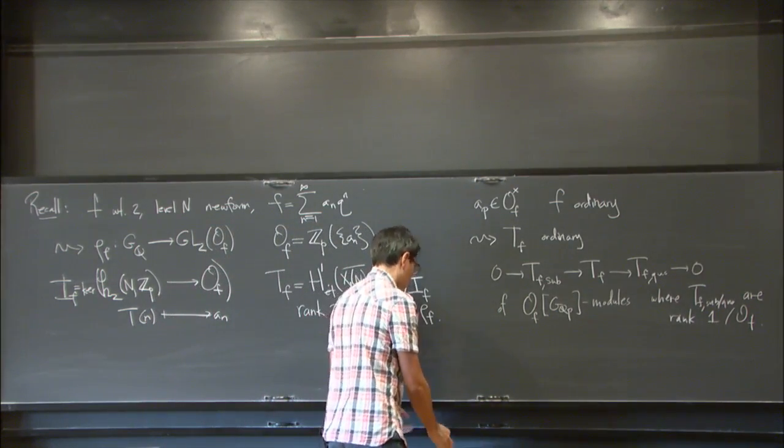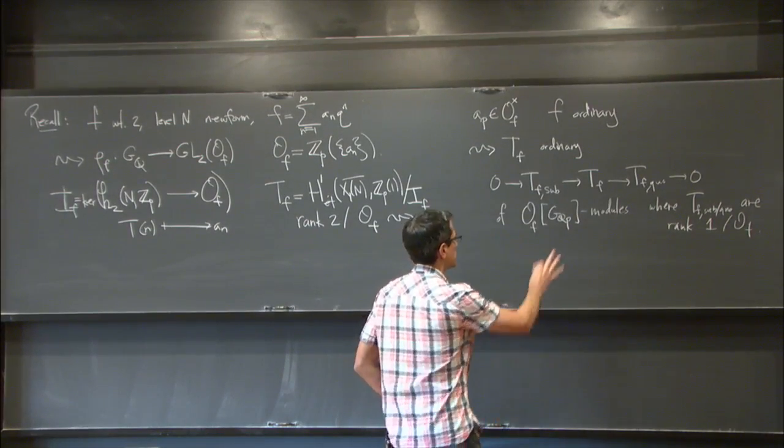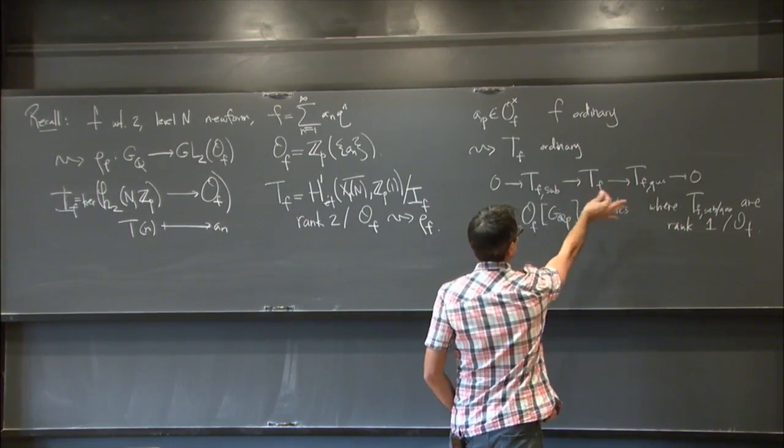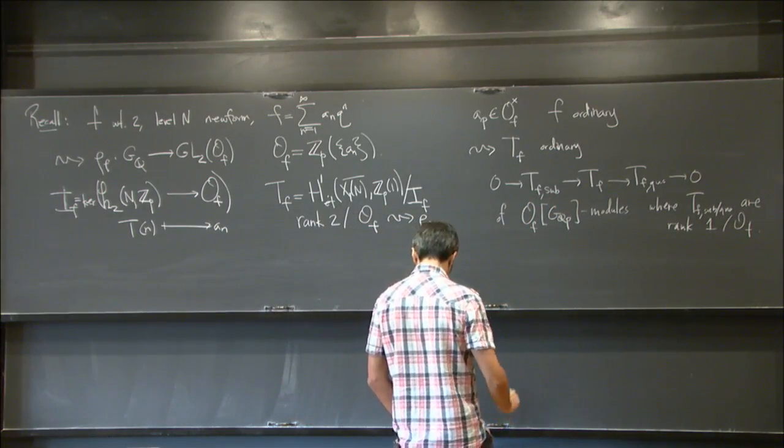And moreover, if we want to think of this with respect to the appropriate basis, this is saying that the Galois representation is upper triangular.